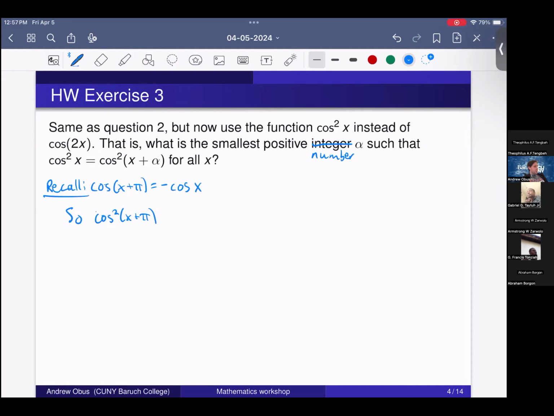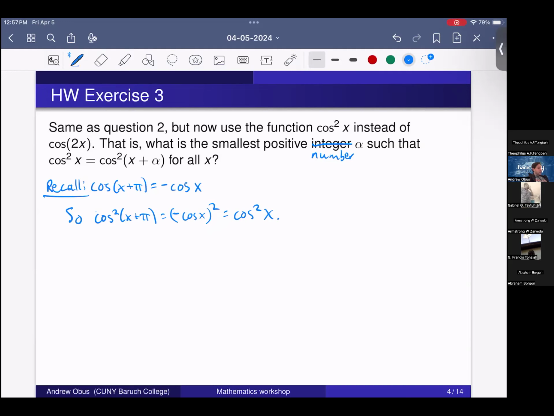If I square both sides, that's the same thing as minus cosine of x, squared, which is the same thing as cosine squared of x, right? Okay. So that's minus cosine of x squared, which is the same as cosine squared of x.